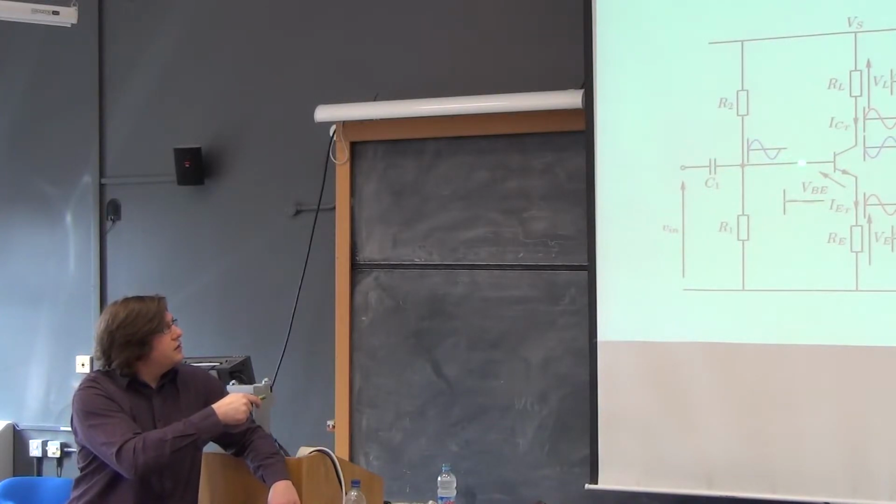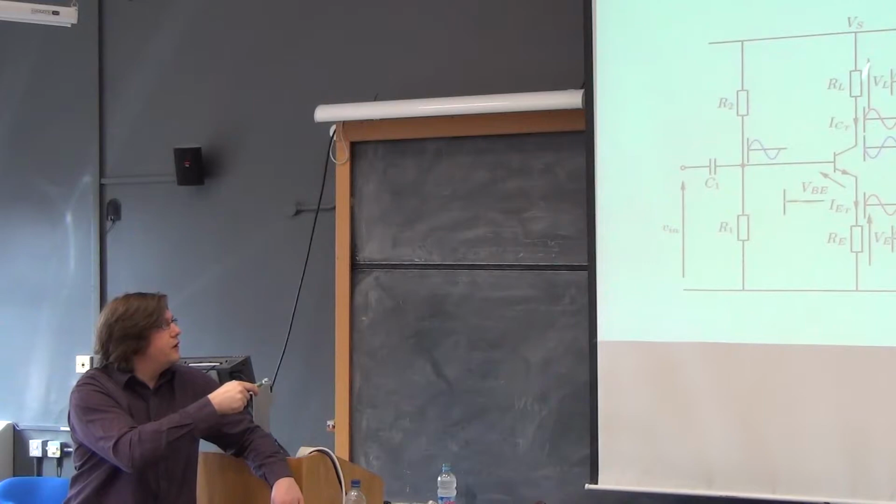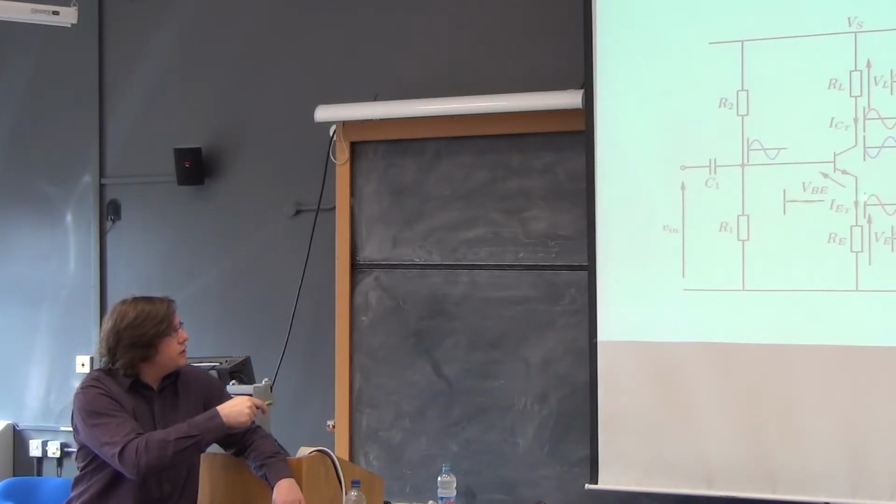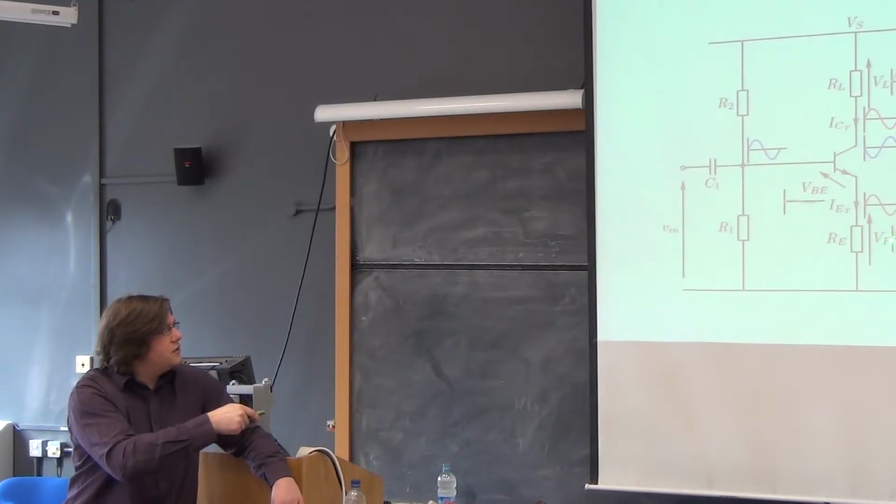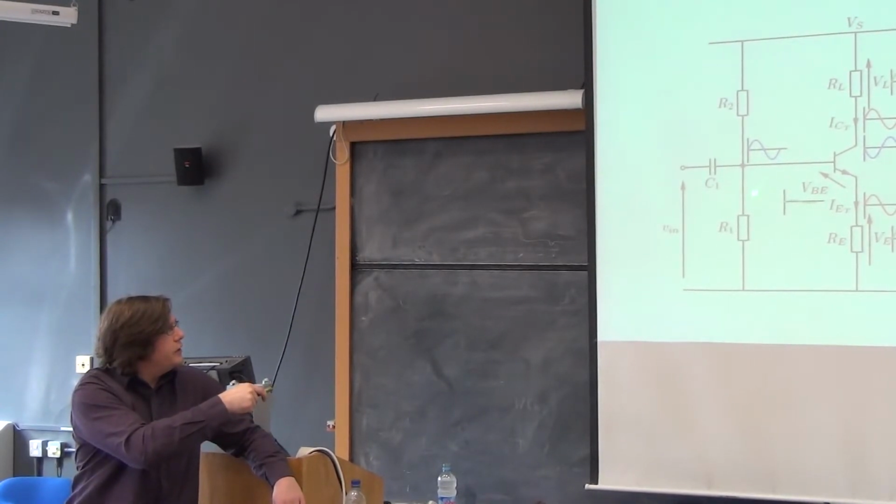And that slightly turned on and off causes a change in the collector current here, which causes a change in VRL, but that doesn't matter. It also flows through the transistor out of the emitter and through RE, and it causes a voltage to appear across RE. Because we have a loop here, VR1 is essentially that, and that must be equal to VBE plus VE.